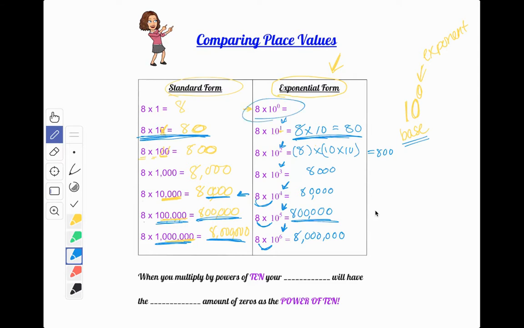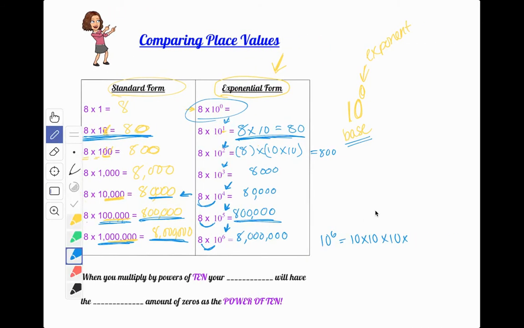So like this one, 10 to the 6, that means I have 10 times 10 times 10 times 10 times 10 times 10. So I have 1, 2, 3, 4, 5, 6 tens. So 10 to the 6 means I have 6 tens that I'm multiplying together.